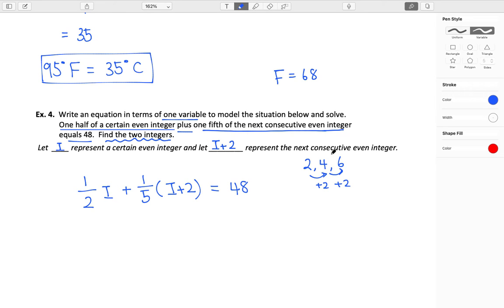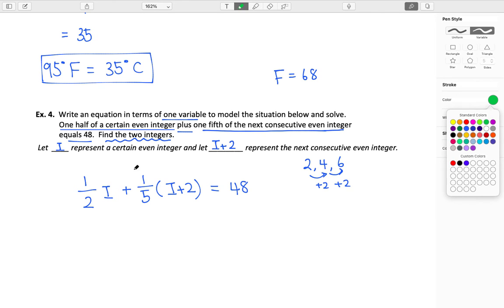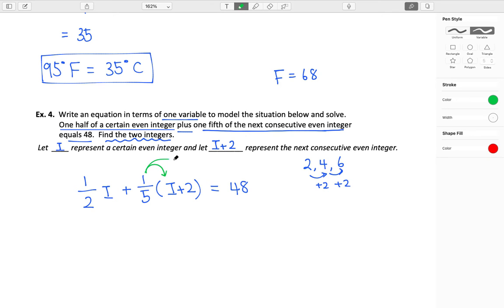So now that we have the equation, all we need to do is solve for I. So I don't have to do the distributive property here, but here I do. So let's distribute. So 1/2I plus 1/5I plus 2/5 is equal to 48.